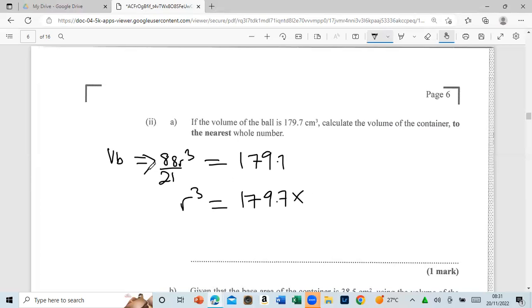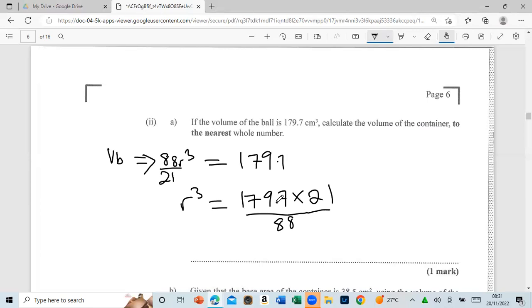Alright, so because this is dividing, we're going to multiply by 21, and because 88 is being multiplied, we're going to divide. Long and short of it, we just multiply this by 21 and then divide by 88. Just use my calculator. You guys go ahead and try it and see if you get the same.